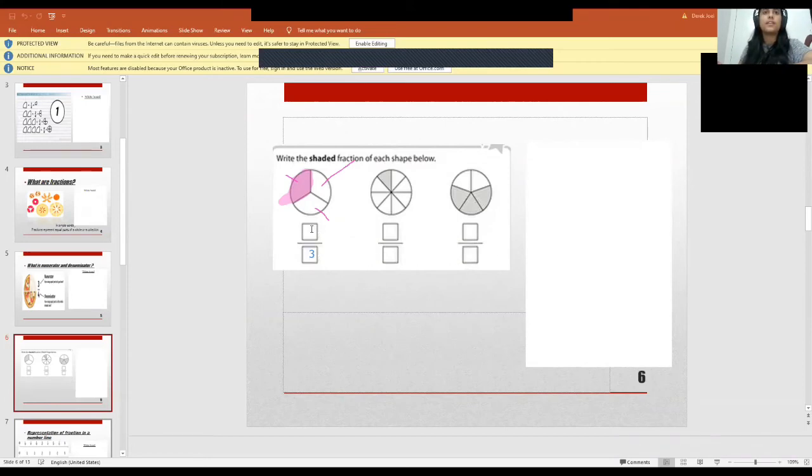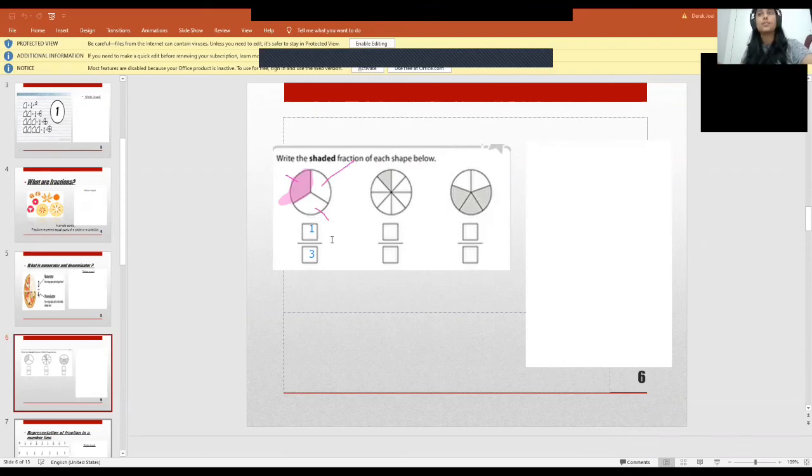Now how many parts are shaded? Out of the 3, there's only 1 shaded. That's your numerator. So 1 will be your numerator.